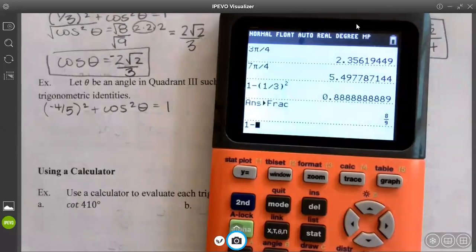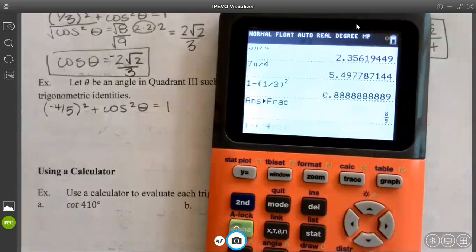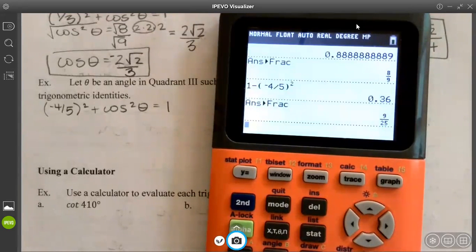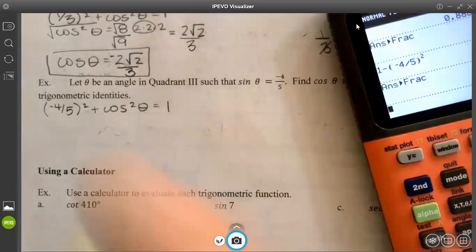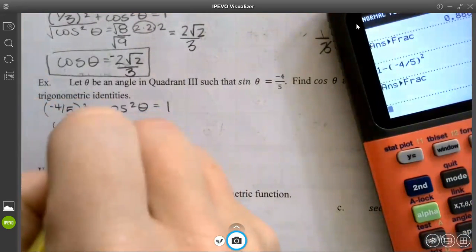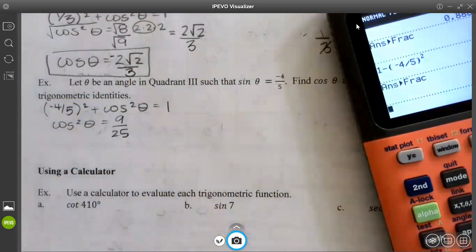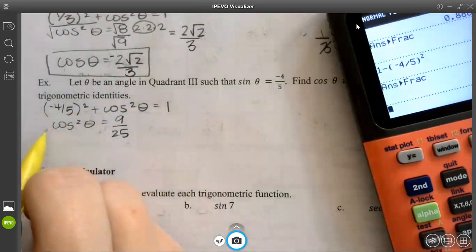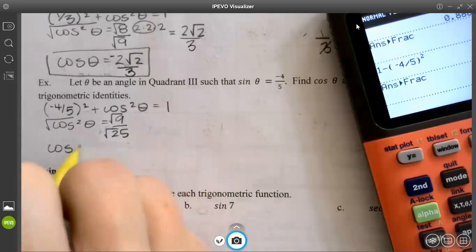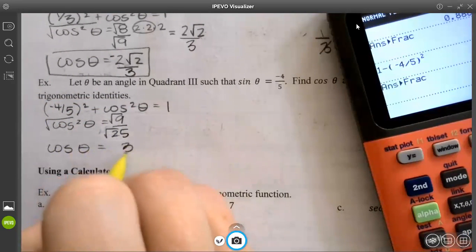We need to move that -4/5 squared, and I'm going to do it as a fraction. So 9/25. This one's actually easier than the other one. How do I get just cosine? What's the square root of 9? 3. Square root of 25.